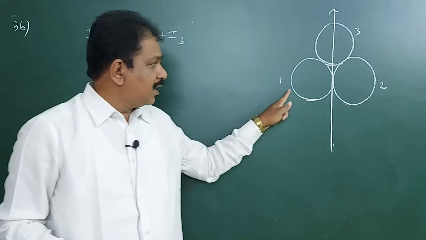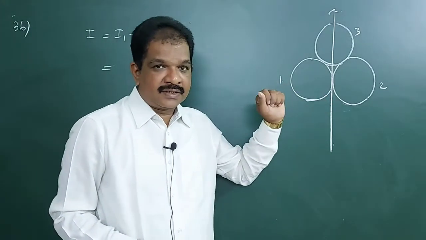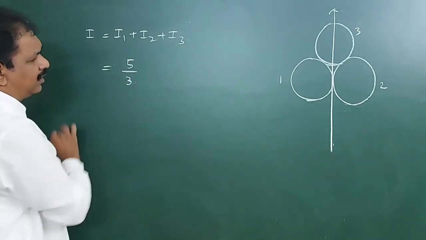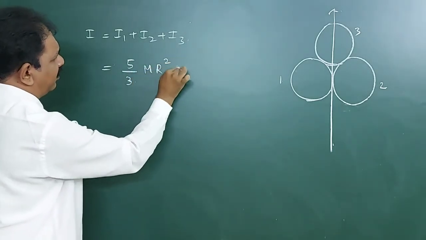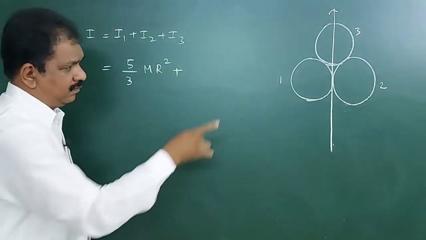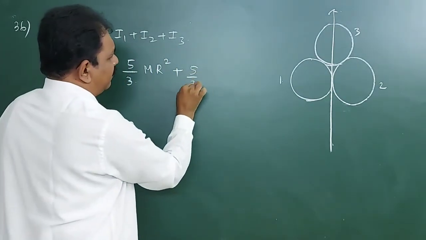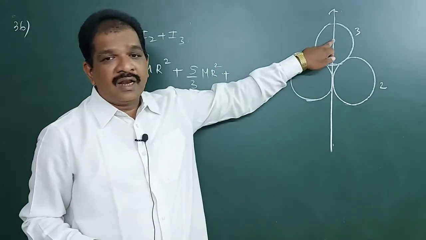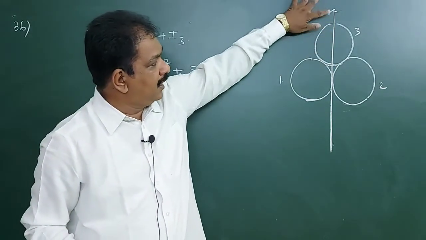Moment of inertia of this spherical shell about this axis, that will be about a tangent. This value will be 5 by 3 mr square. For this also, this will be tangent, 5 by 3 mr square. For this along the diameter, for this it will be diameter.